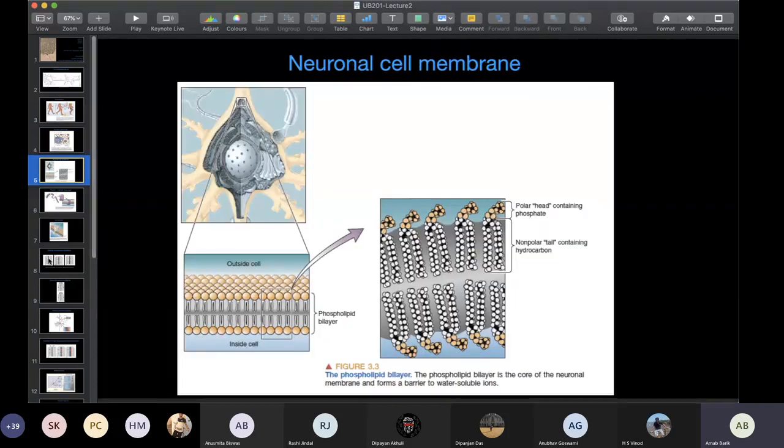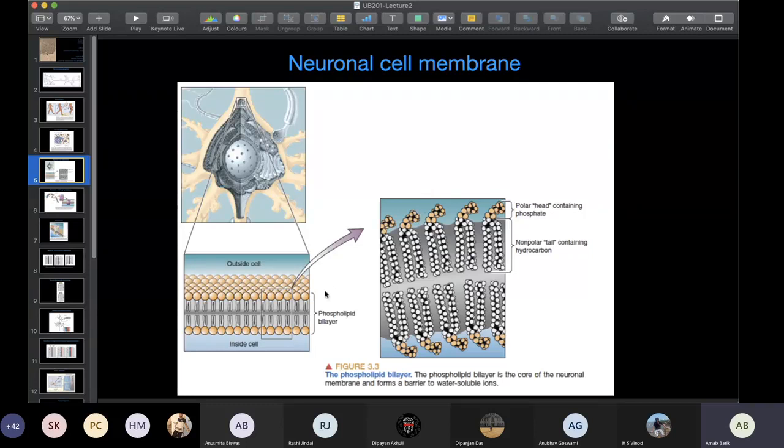One of the most important components that decides all of this is the cell membrane of the neuron. If you know about hydrophobic and hydrophilic molecules, which you might have gone through in cell biology, you would know that the cell membrane constitutes a hydrophilic outside and a hydrophobic inside.